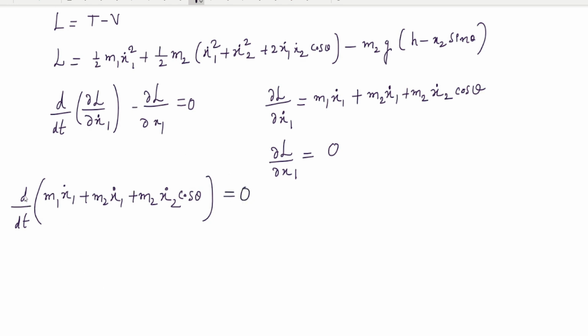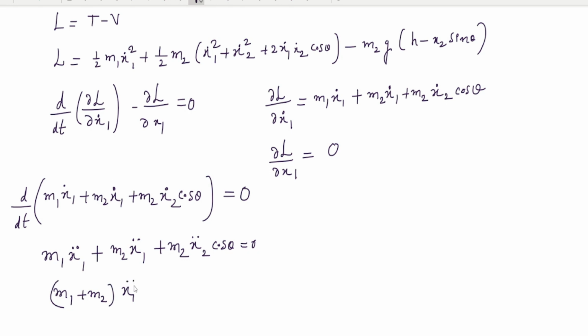So therefore, applying this, m1 x double dot 1 plus m2 x double dot 1 plus m2 x double dot 2 cos theta. This is our equation of motion. If you rearrange this equation, x1 double dot plus m2 x2 cos theta.